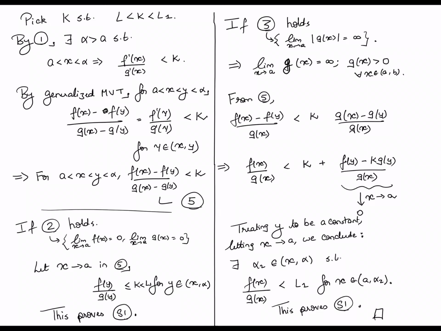So once you have the inequality 5, then all you do is apply the hypothesis, which is either 2 or 3, to argue that the limit of f of x by g of x is in fact upper bounded by any number L1 which is larger than L, so long as x is sufficiently close to a from the right. As I said before, an analogous argument applies to prove the lower bound statement S2, and combining these together, you basically have the proof of L'Hopital's rule. Okay, so in this video, we'll stop here. In the next, we will look at some examples of applying L'Hopital's rule.